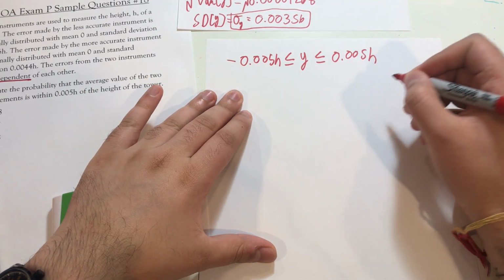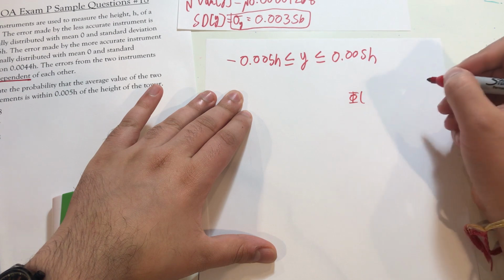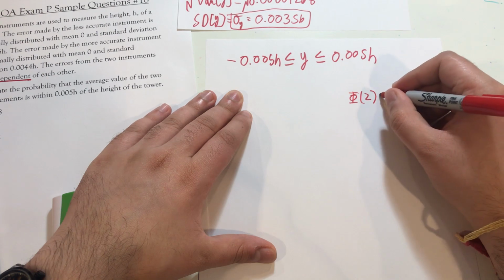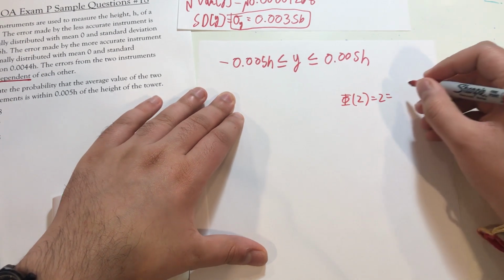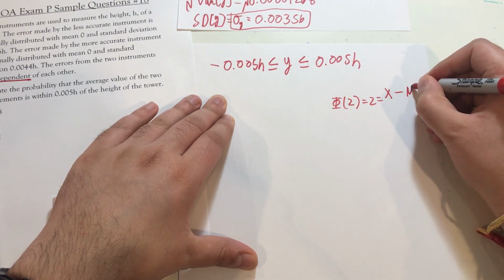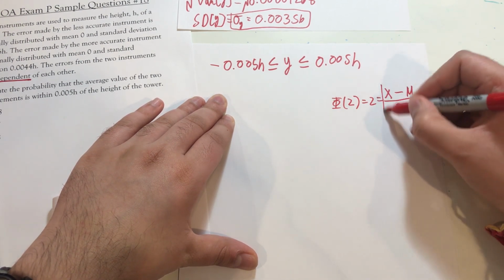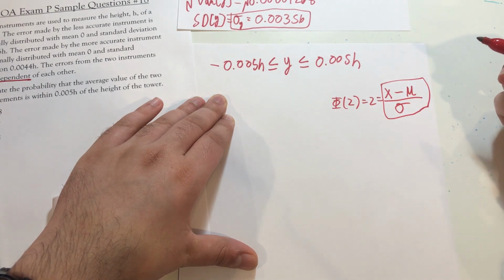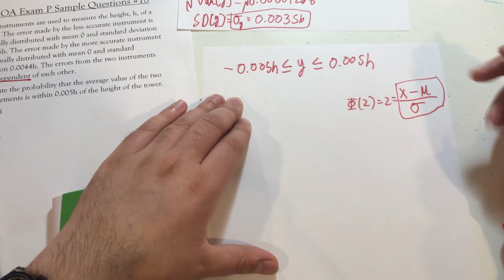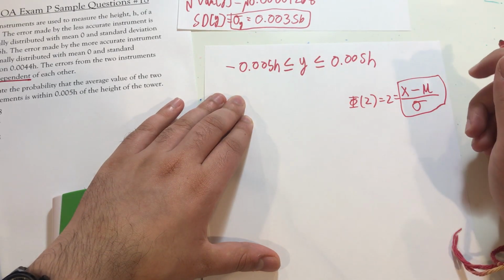How do we get it? Well, the z-score, sometimes also represented as phi, of whatever the number is, is equal to the random variable minus mu, minus the mean, divided by the standard deviation. Very important formula to know by heart. I can't stress that enough. So we perform this operation to each part of this inequality.